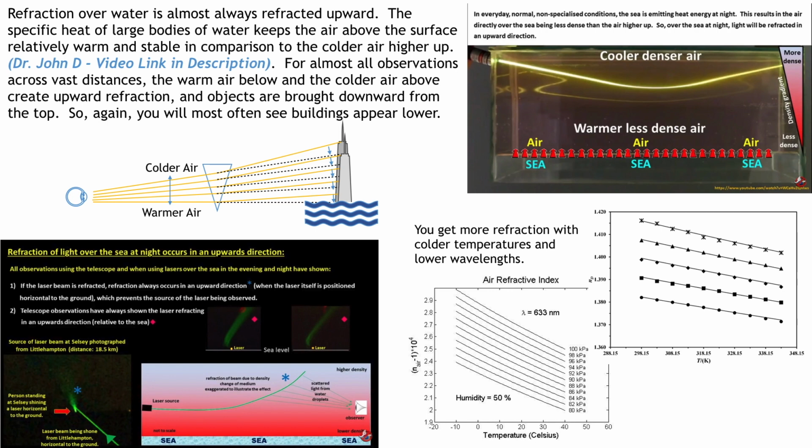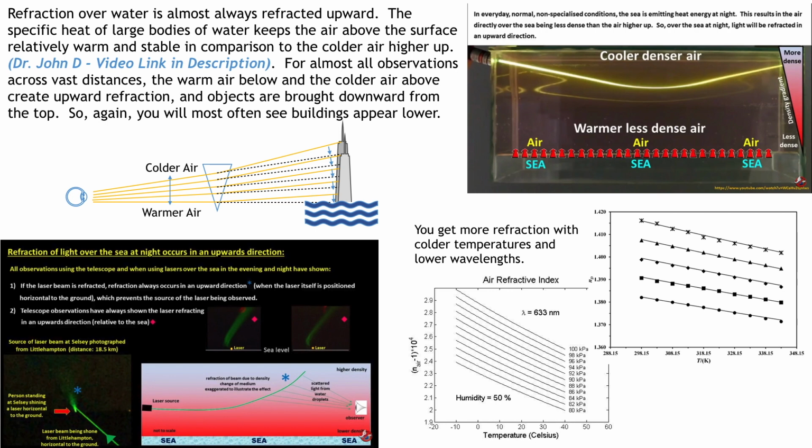And so what you end up doing is creating straight lines from those rays, from your eyes extending back to the object, which is the black dotted line, and you are bringing that building or whatever you're viewing lower within your view. So when we view laser experiments, let's say, or laser observations across bodies of water, you'll see that they are refracted upward. And that is just the nature of that warmer air creating a less dense layer above the water.